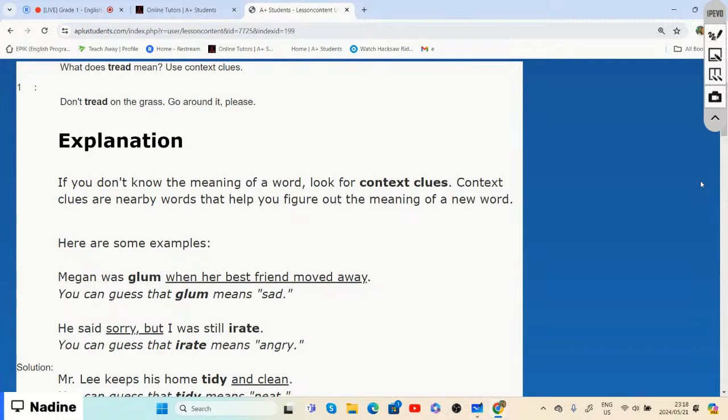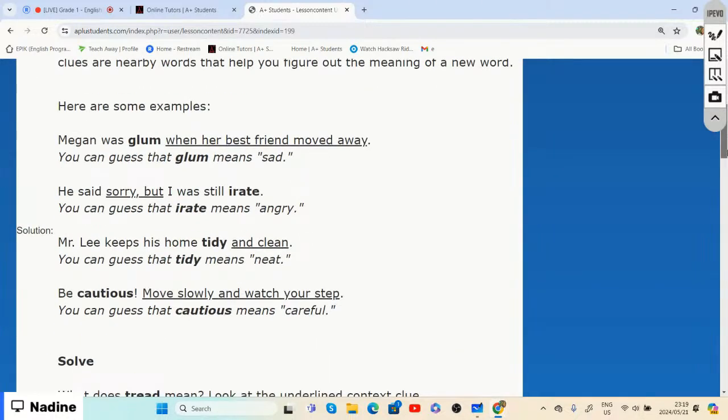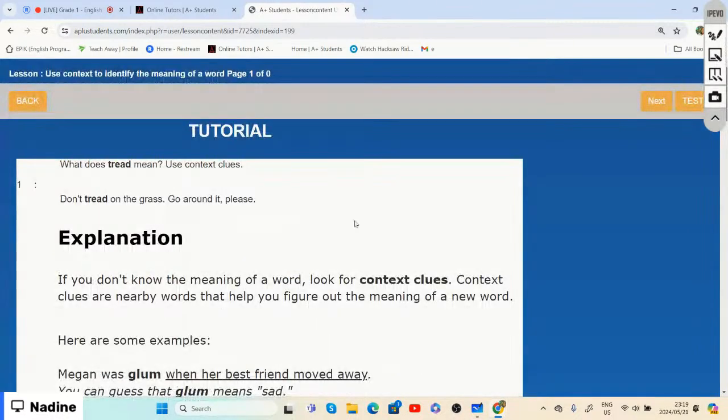So if a word is too big and you don't understand the meaning of that word, then the context clues, which means the rest of the text or the nearby words, will help you to figure out what the meaning of that word is. All right. Let us just do 3 of these activities and then we will go on to our test, right?